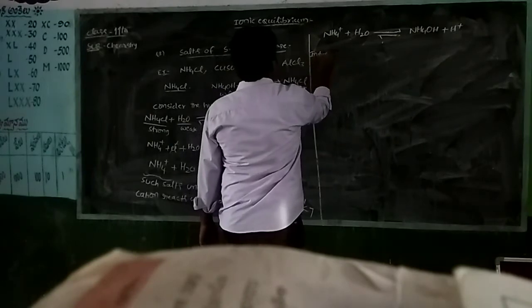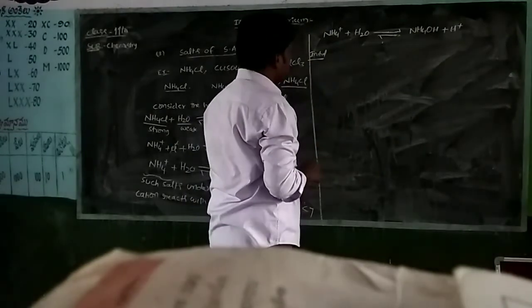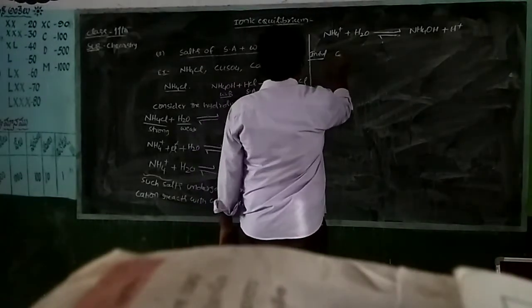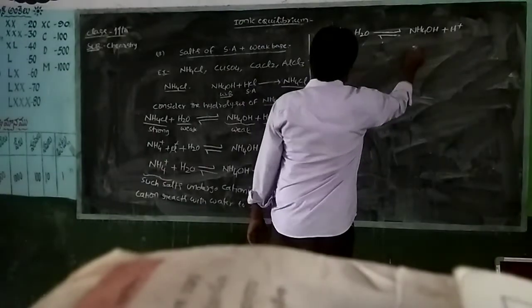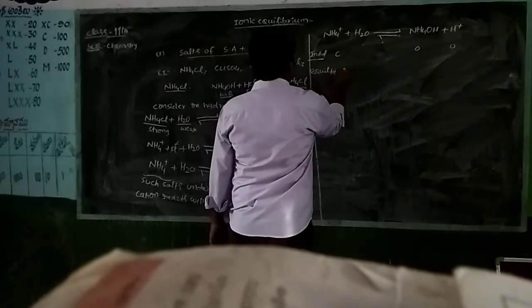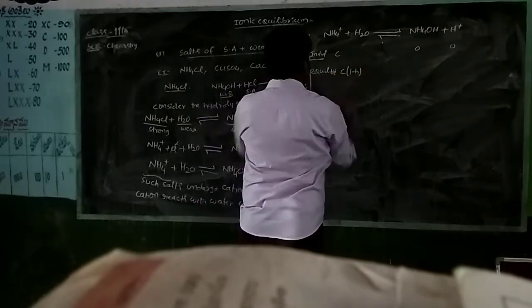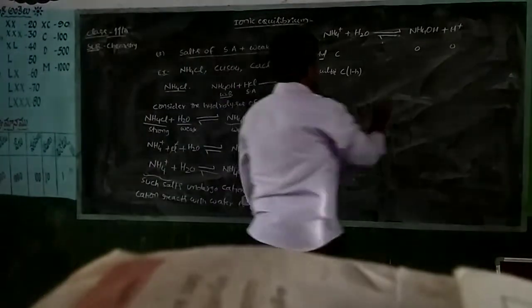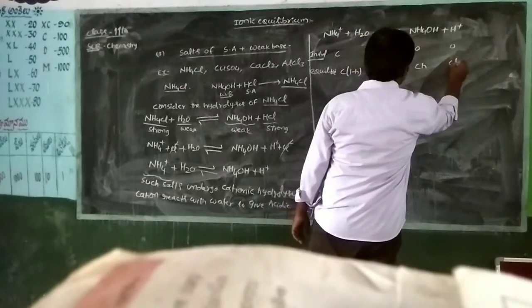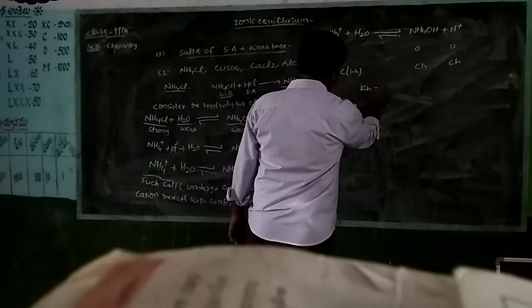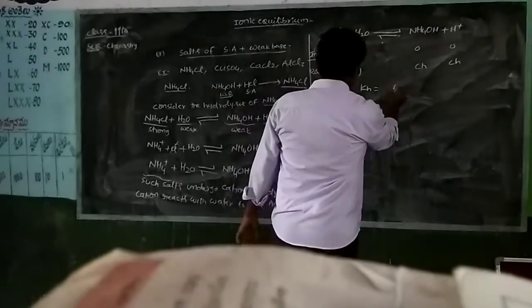Okay, at the initial concentration and the hydrolysis, we have to find the hydrolysis constant. Initial C, this is the 0, this is the 0. At equilibrium, we have to write it at equilibrium. At equilibrium, C into 1 minus h. C means concentration, h means degree of hydrolysis, Ch, this is the Ch. You can find the hydrolysis constant Kh, applying the law of mass action.